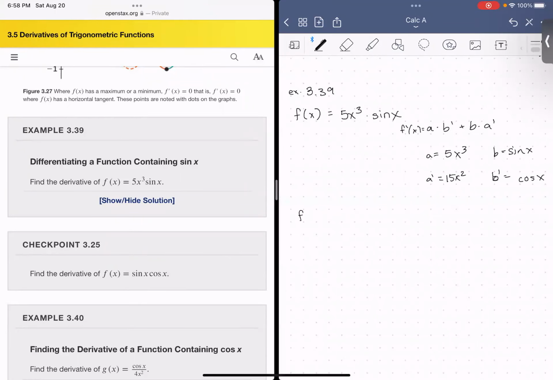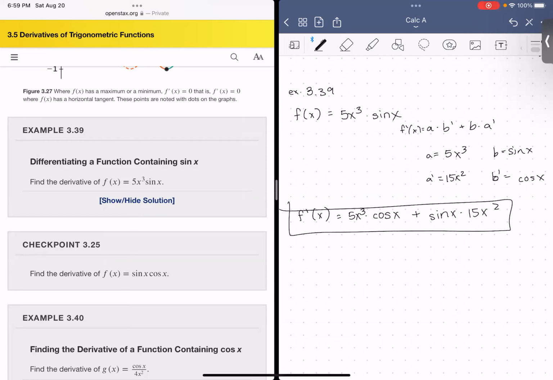Therefore, the derivative of this is going to be the first, 5x cubed, times cosine x, which is the derivative of the second, plus the second times the derivative of the first. And that's going to be your final answer.